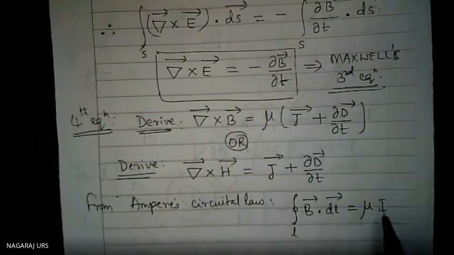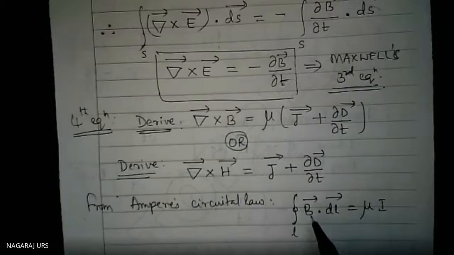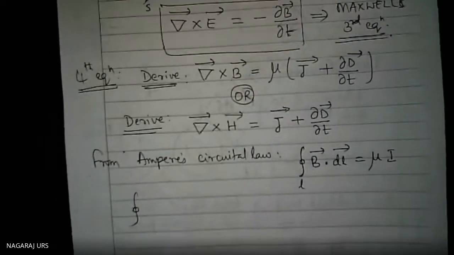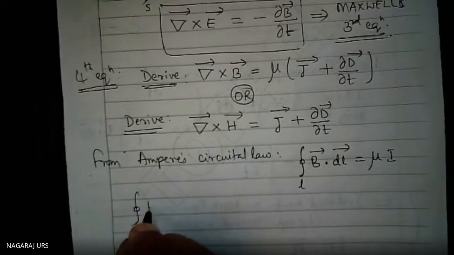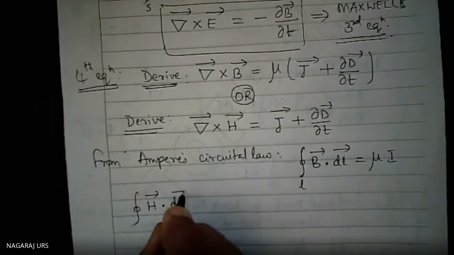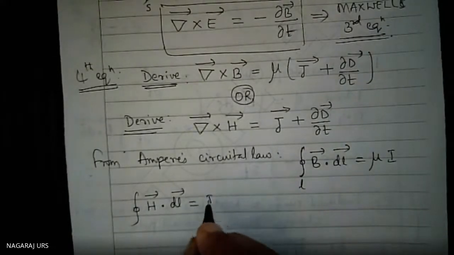If some other material is existing, mu into I. This can be replaced by H. I can write integration of H dot dl is equal to, here it is I.